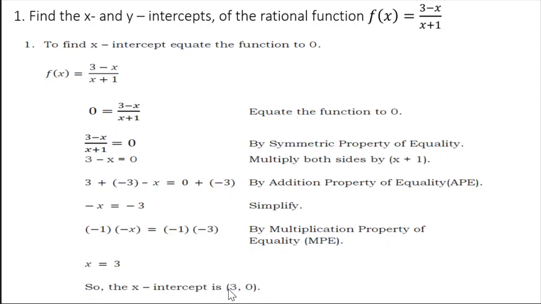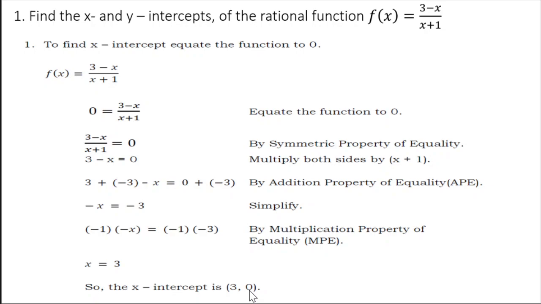So take note, in the ordered pair, the first value is our x coordinate, then the second one is the y coordinate. Since we are finding the x-intercept, the x value there is 3, and of course the y is 0.